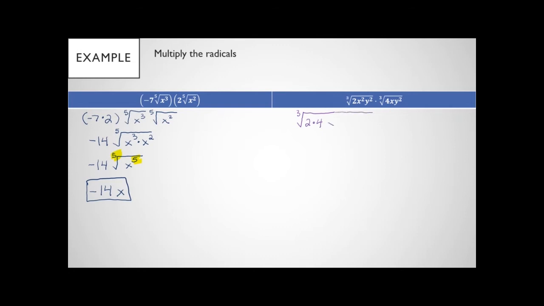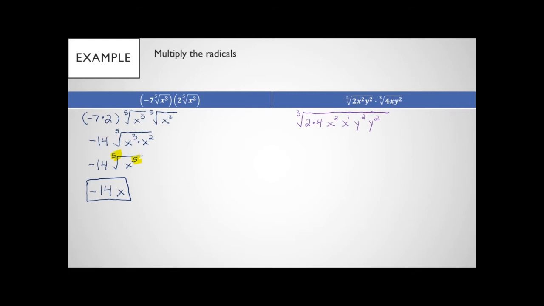I'm going to put the x's near each other, so I have x squared and x, which has an exponent of 1. And then I have a y squared in both of them. So that's going to be y squared and a y squared. So I'm just rearranging them and putting them in the same root so I can start simplifying.